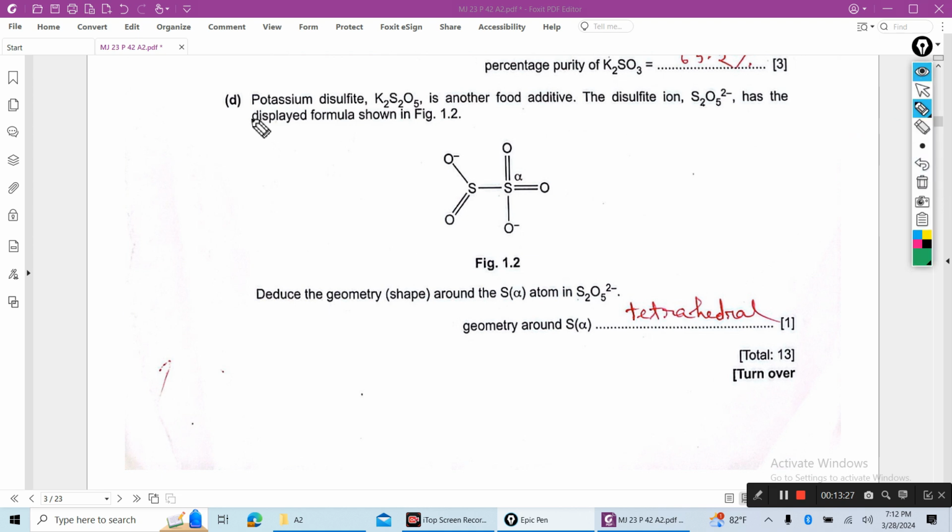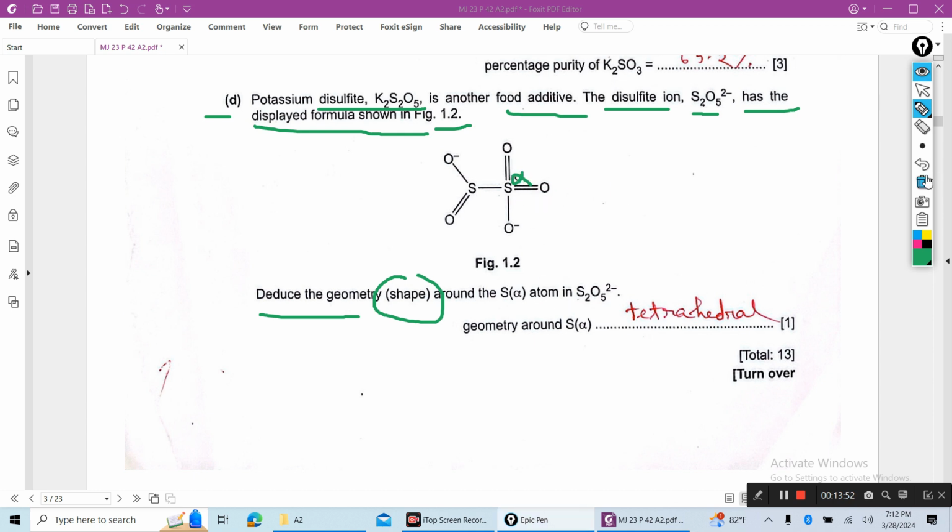Now potassium disulfide is another food additive. The disulfide ion has the displayed formula in the following figure. This is the displayed formula. Deduce the geometry, meaning shape, around the sulfur, here alpha sulfur.